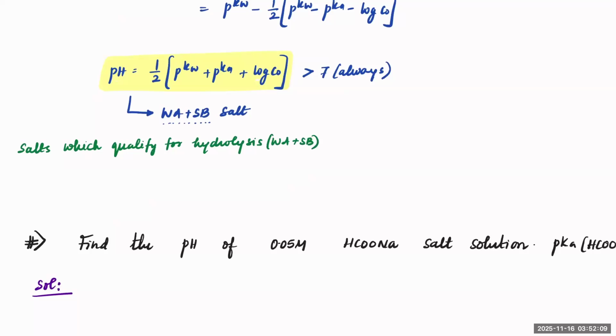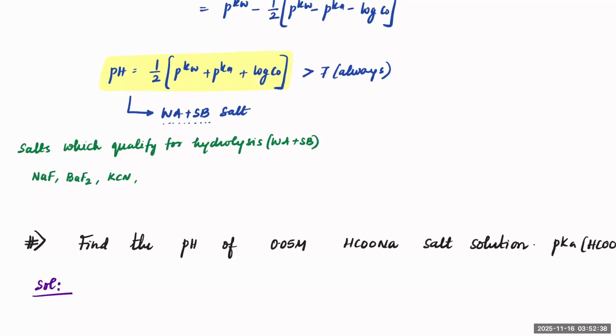Suppose if at all I have NaF, that will definitely qualify. BaF2 definitely qualifies because barium hydroxide is a strong base. HF is a weak acid. Got it? So if you notice these cases, definitely they will qualify. KCN definitely qualifies because it is coming from KOH, which is a strong base, and HCN, which is a weak acid.